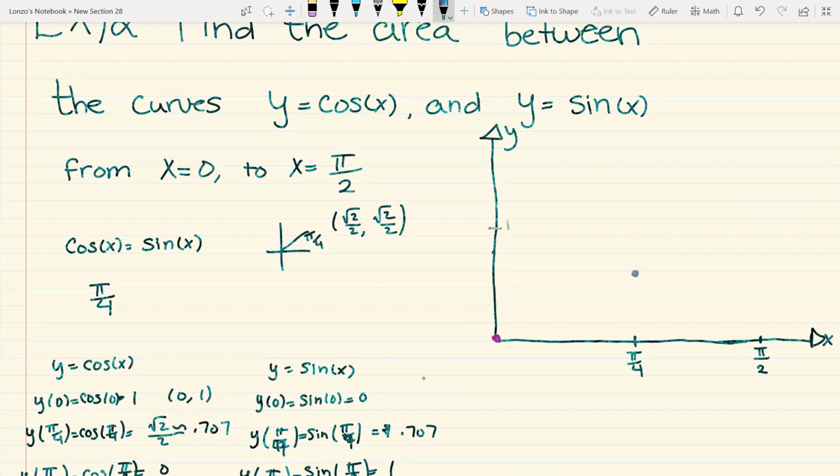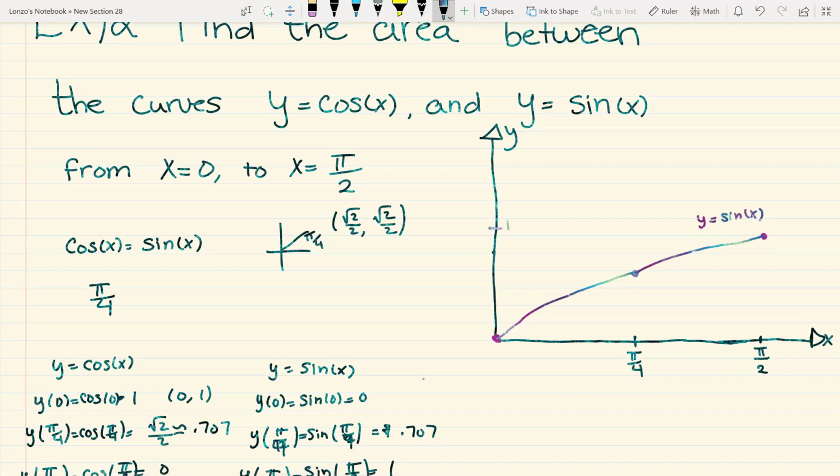And then at pi halves, it is exactly at 1. Okay, so this is y equals sine of x.